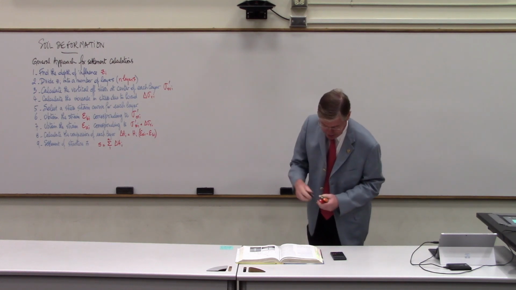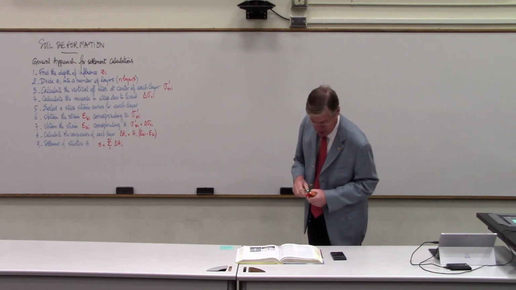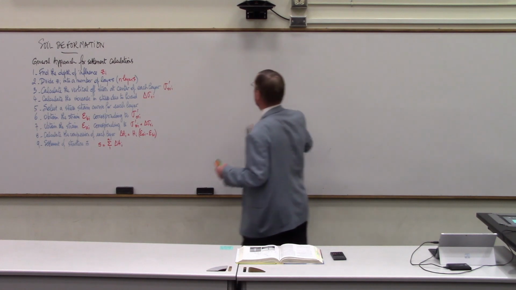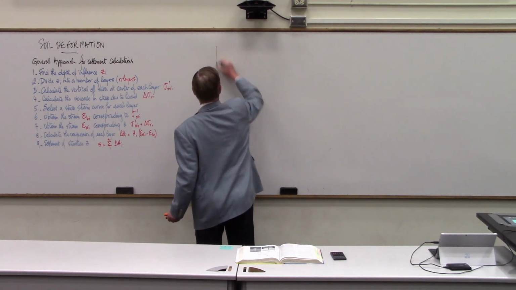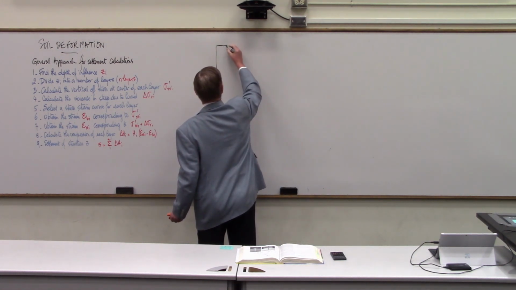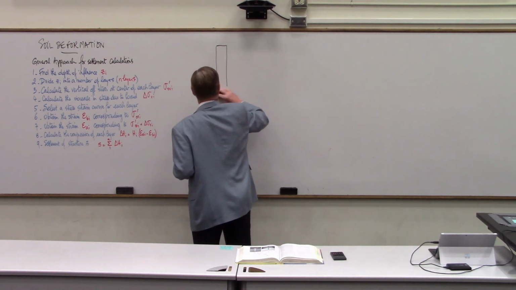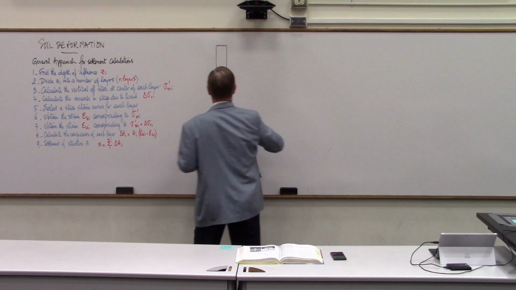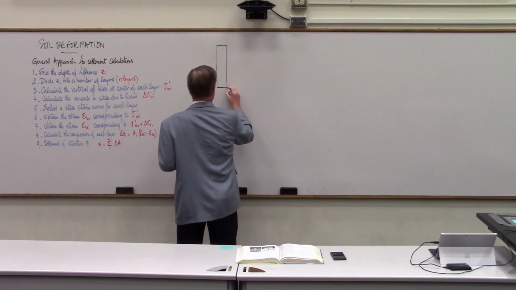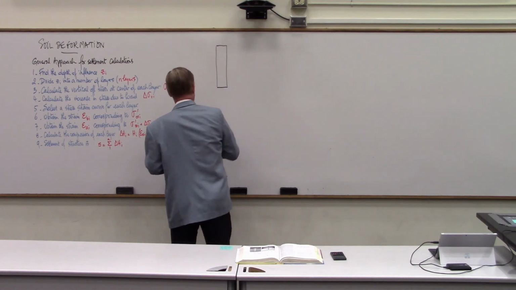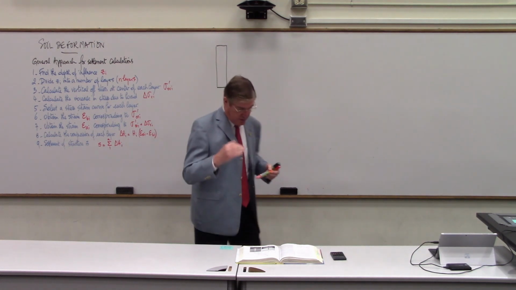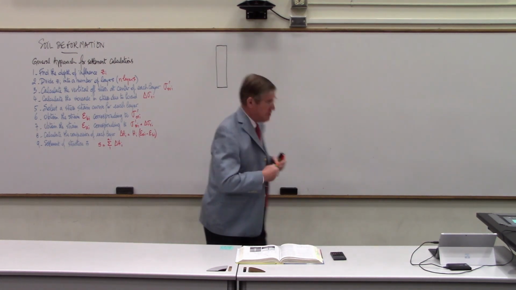So in this case, we have a 180 meter high rise. I want to cut it off right here. And the soil of the high rise is embedded down 15 meters.